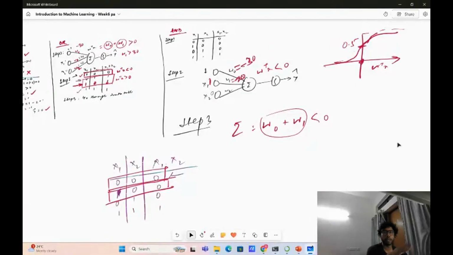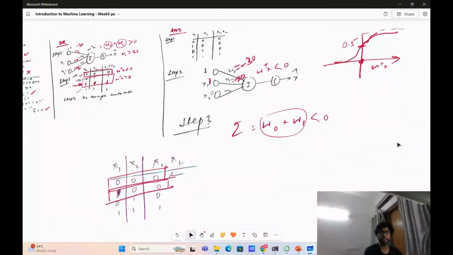If your sigmoid function gives a value of 0.5, you can manually define it to be taken in the y hat equals 0 category, or you can do the other way and take it in the 1 category. Because you see, the value 0.5 is exactly between 0 and 1. So it's up to you whether you want to take the y hat equals 0 value or the y hat equals 1 value.